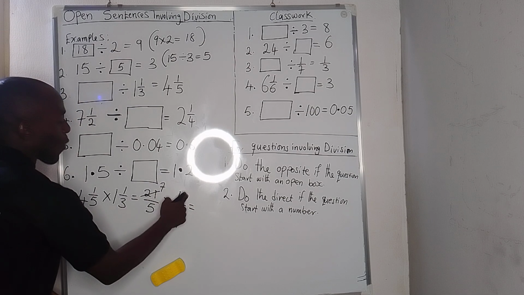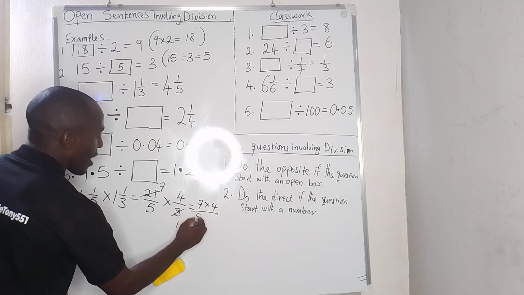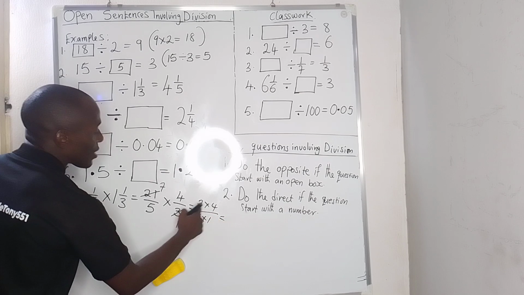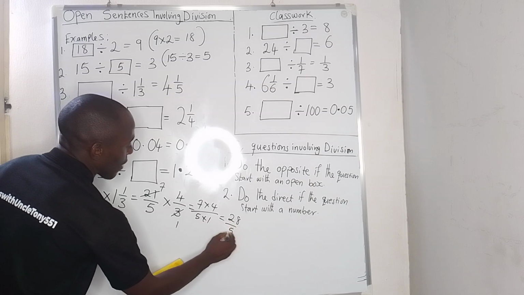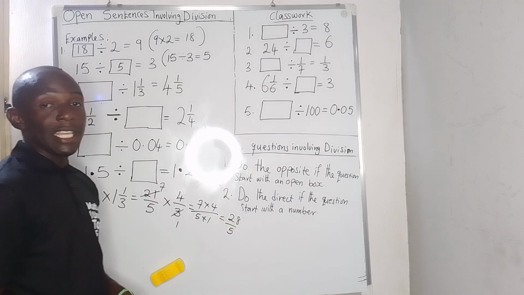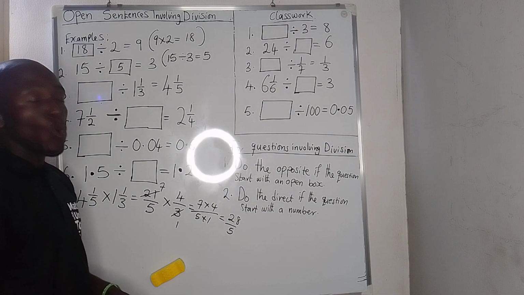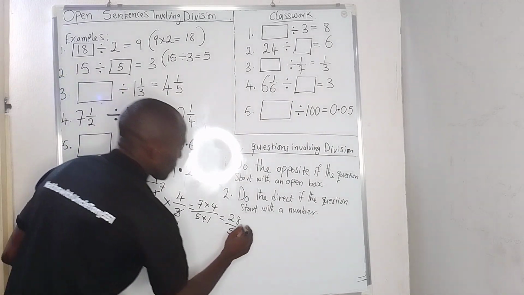So we have 7 multiplied by 4 all over 5 times 1. 7 times 4 will give us 28. 5 times 1 will give us 5. How many times will 5 go into 28? Obviously, it will go 5 times, because 5 times 5 is 25.